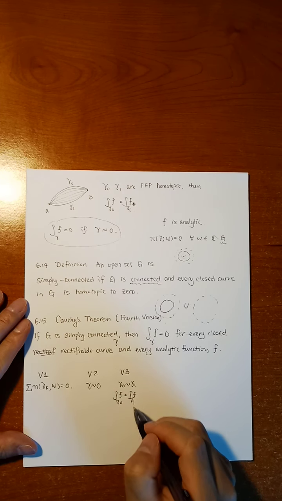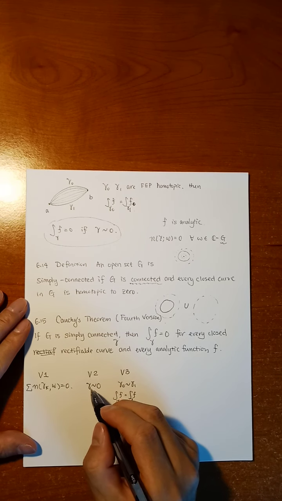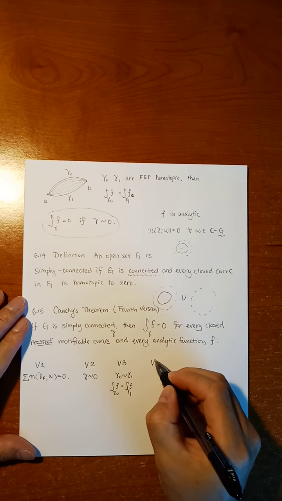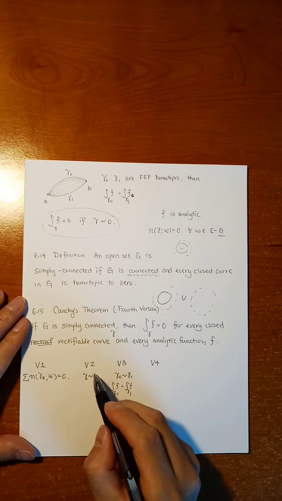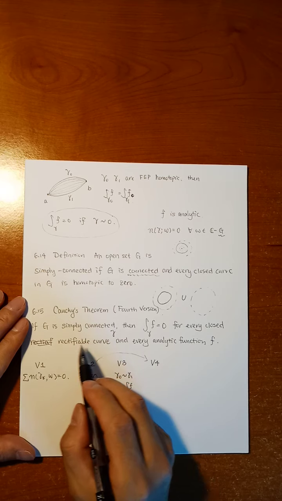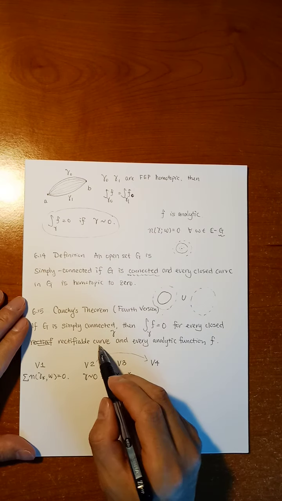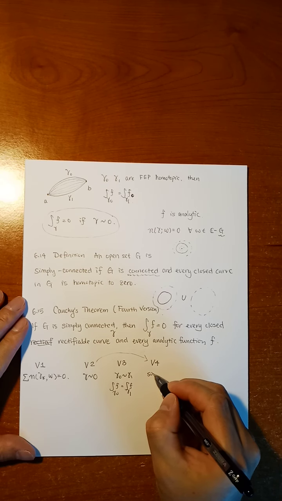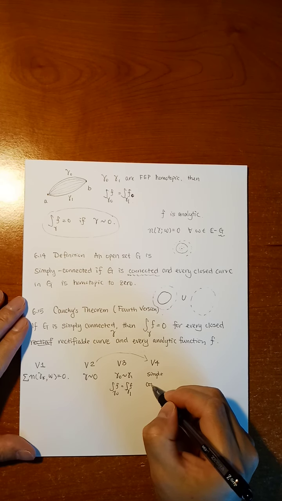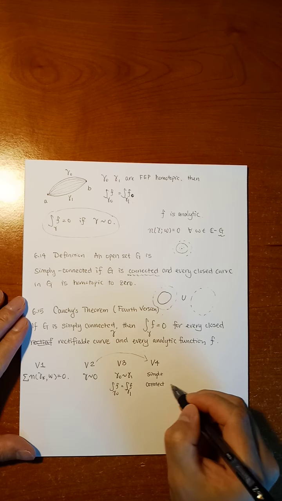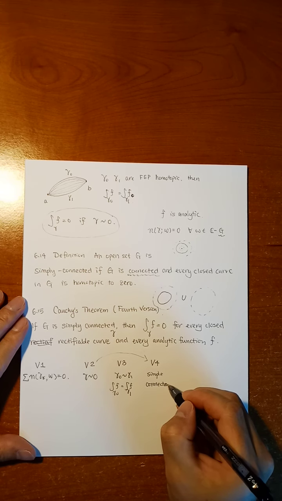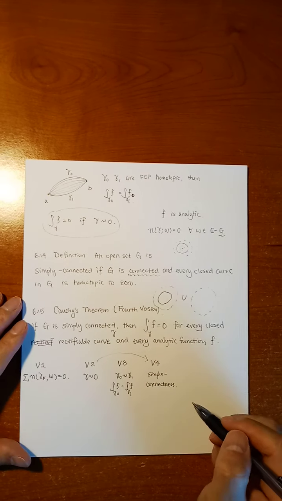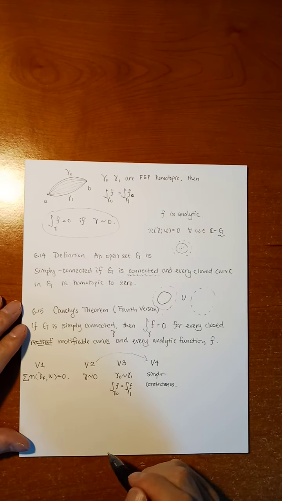Then you apply version 3 to get version 2. Version 4 already includes that all closed curves are homotopic to 0, so the second version is satisfied by simple connectedness. So the second version will imply version 4. Those are the relations.